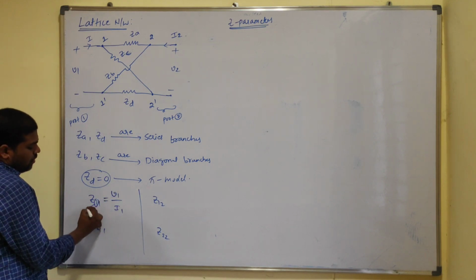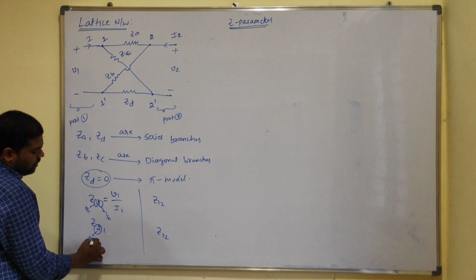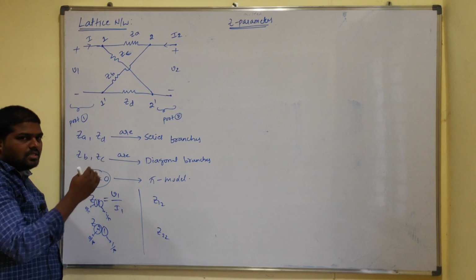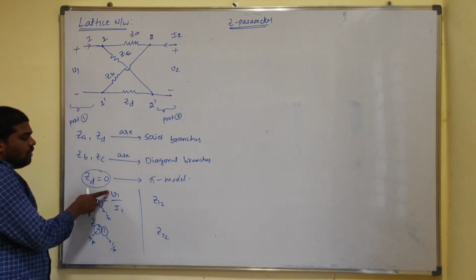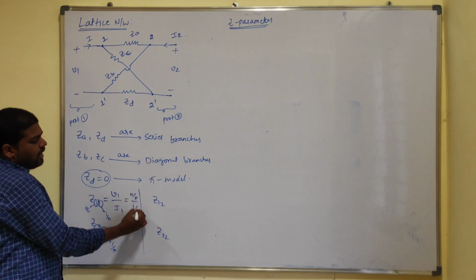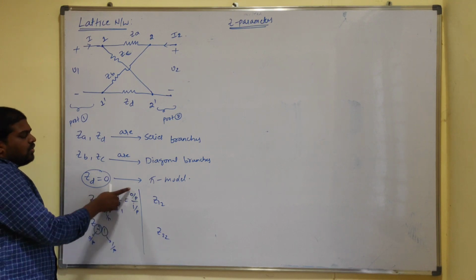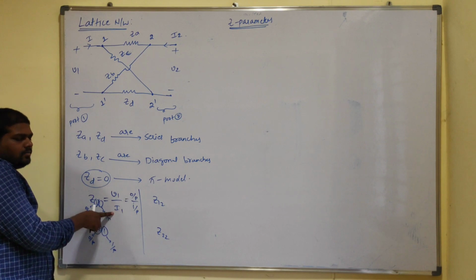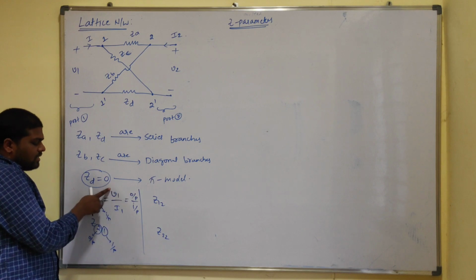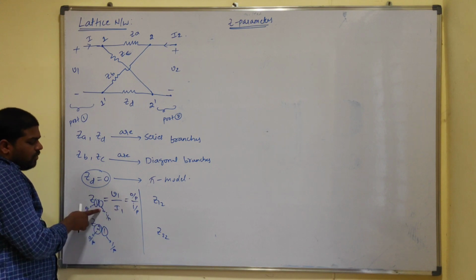Impedance means voltage by current, that is, output quantity by input quantity. Here both output and input are related to port 1. The output variable is voltage V1 at port 1, and the input variable is current I1 at port 1.